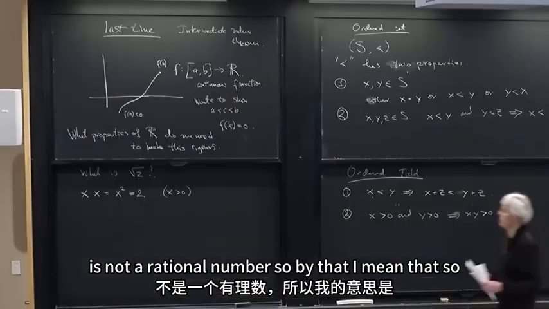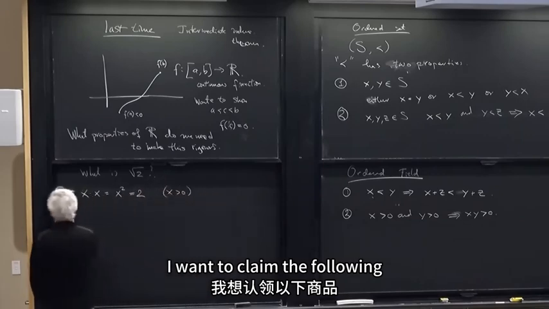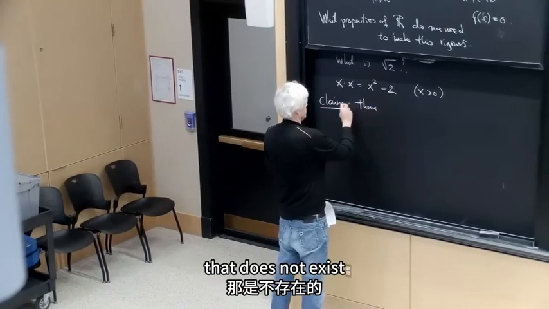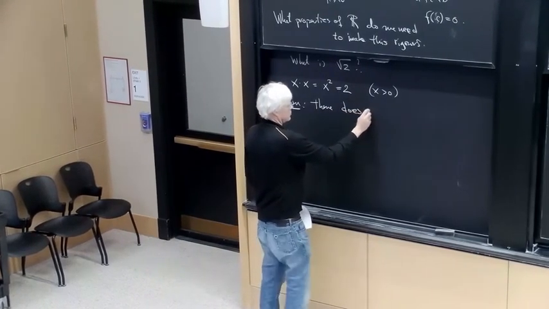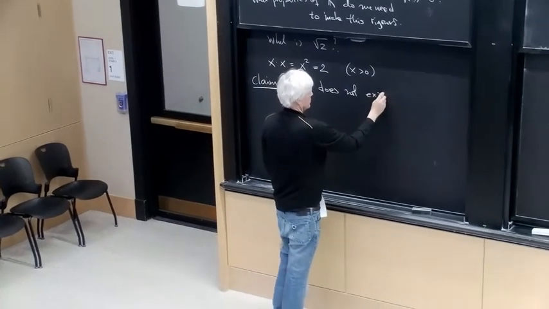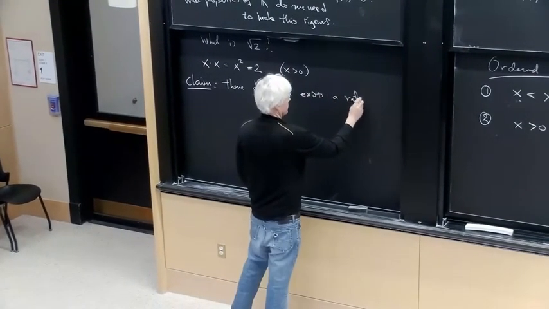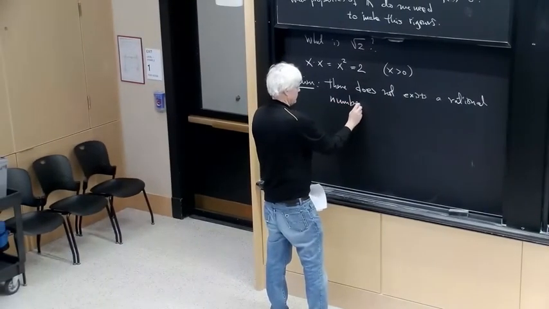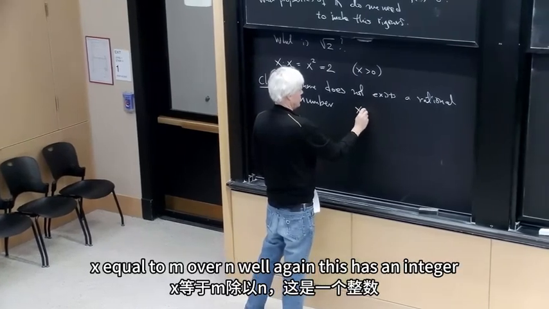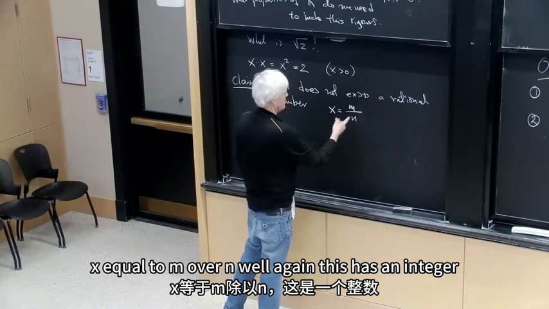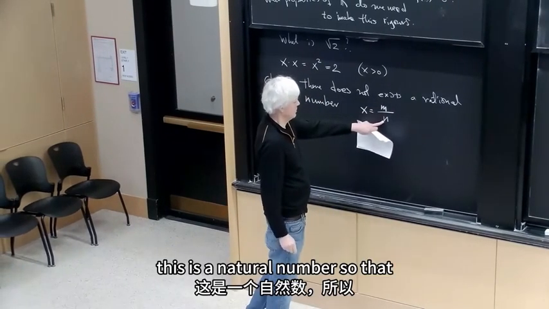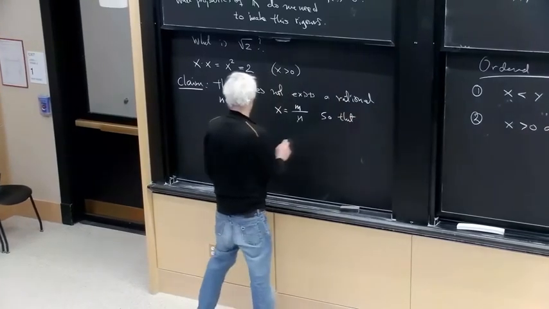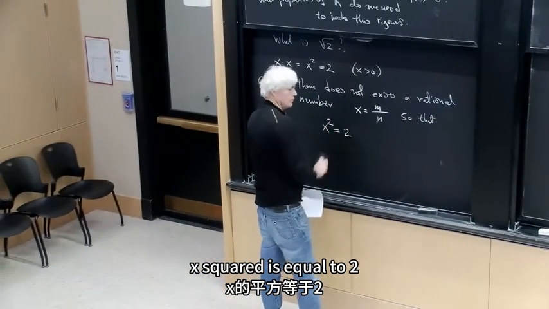By that I mean that there does not exist a rational number x equal to m over n, where m is an integer and n is a natural number, so that x squared is equal to 2.